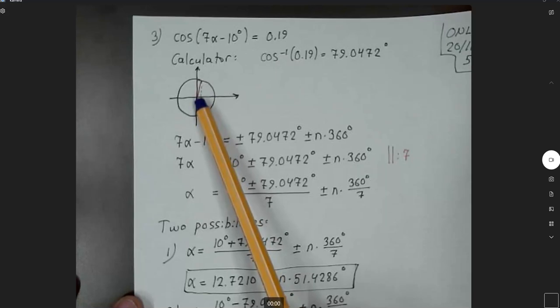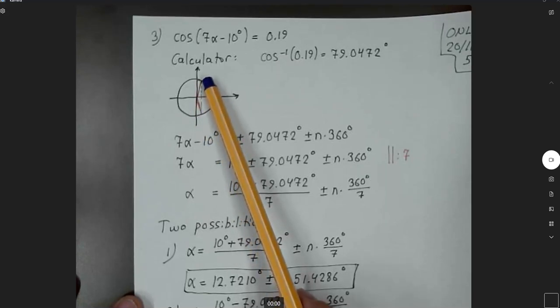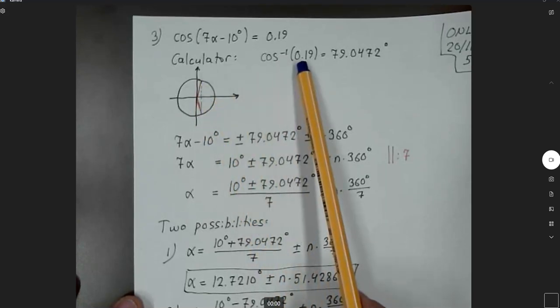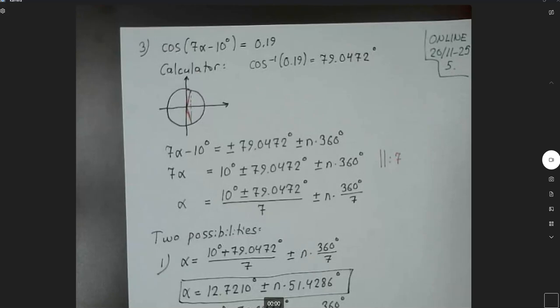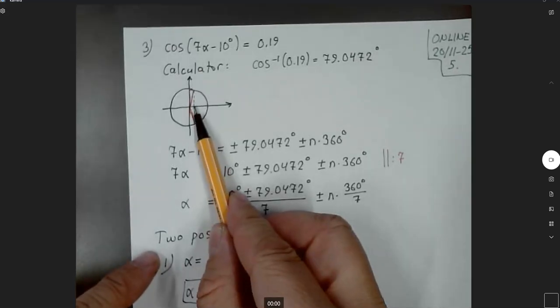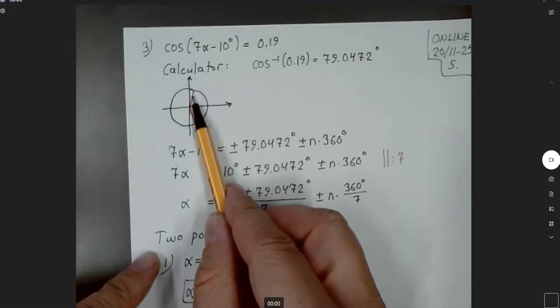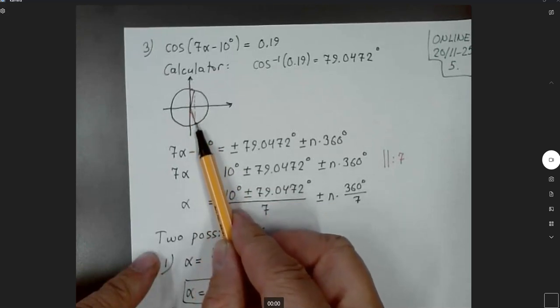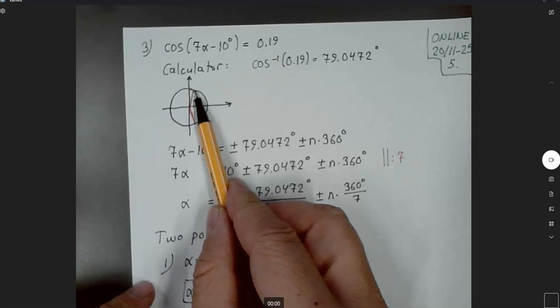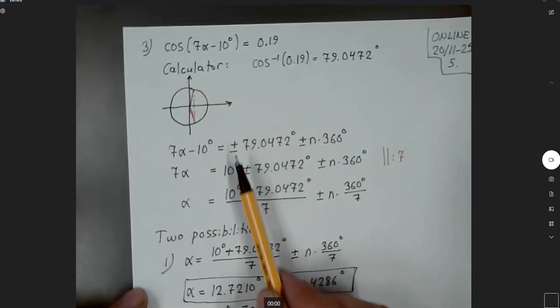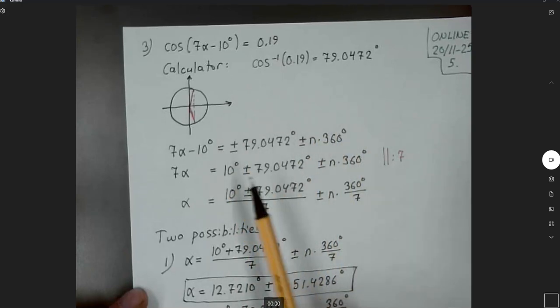And from this picture we see that when we have cosine value 0.19, it will be the x-coordinate there, so it will be about there, and we can find those two angles which give us the x-coordinate of 0.19: plus and minus 79 degrees.